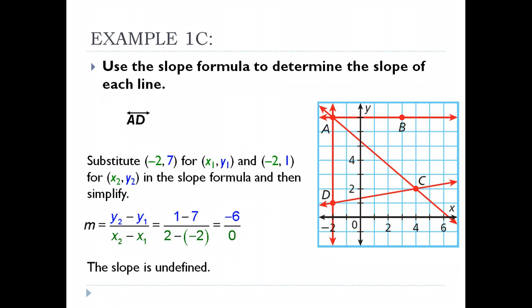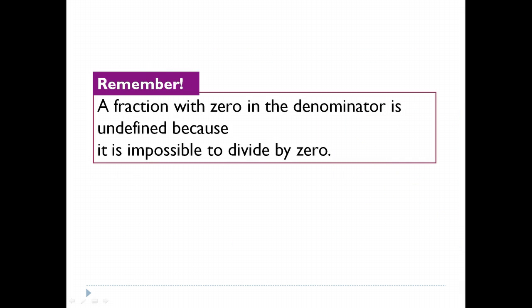This makes sense because x never changes. For every y on this line, x is always the same, -2. Remember, a fraction with 0 in the denominator is undefined because it is impossible to divide by 0. We wouldn't want to go to algebra jail.